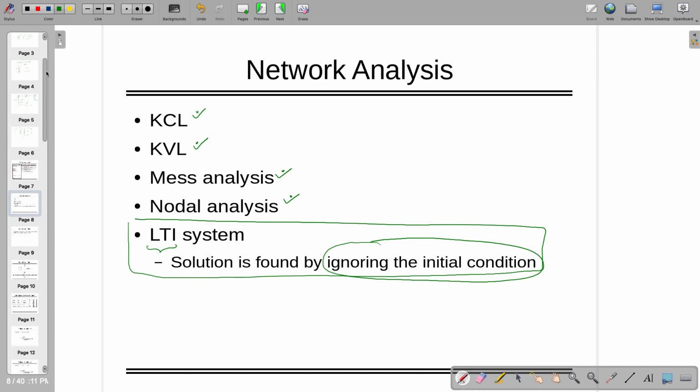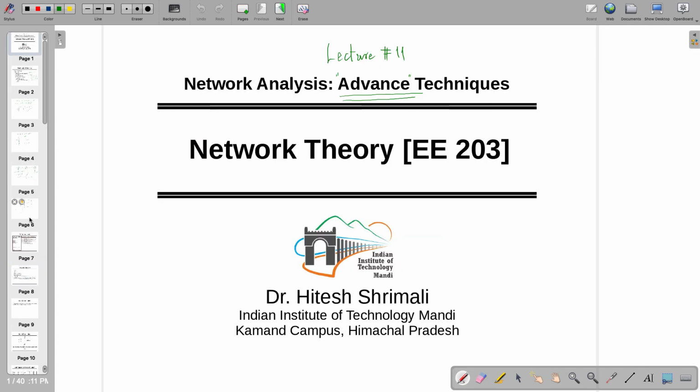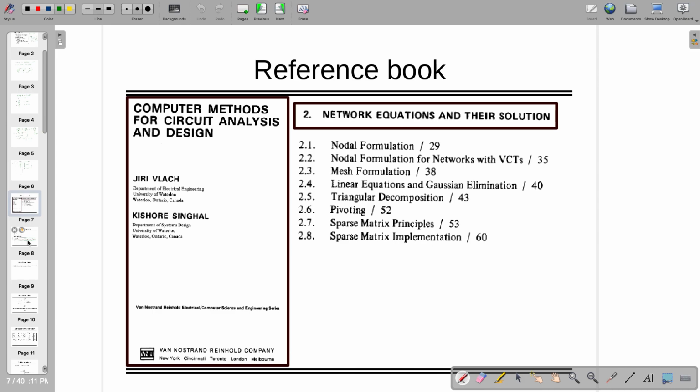As I told you, if you look at the name of this book, this is Computer Methods for Circuit Analysis. So let's assume that you are designing some simulator. In a simulator, generally there are two ways to simulate any circuit. Either you keep some initial condition, or you don't keep it.